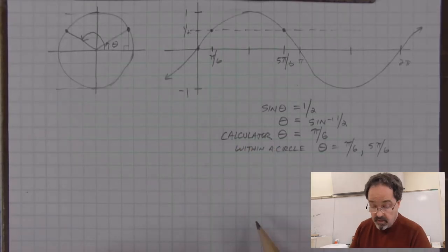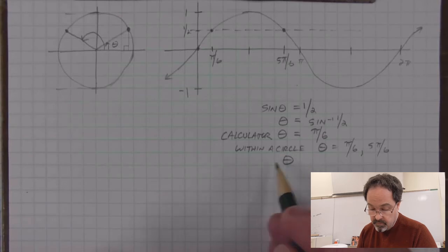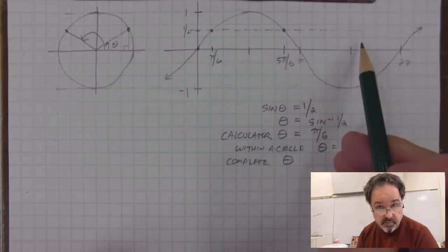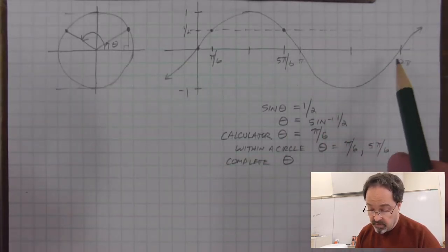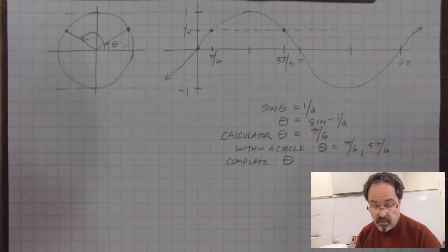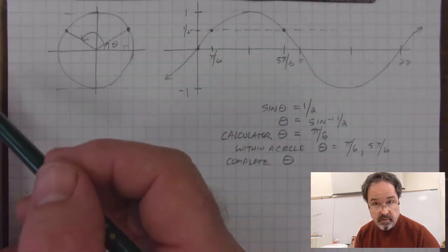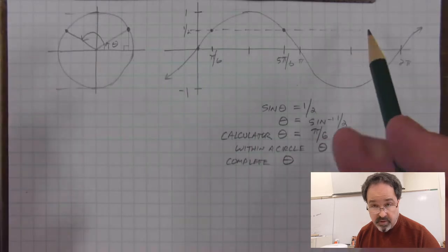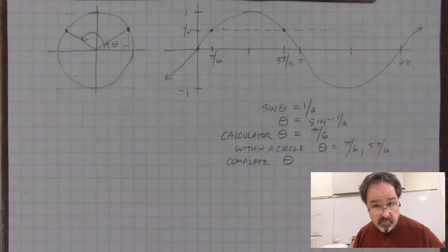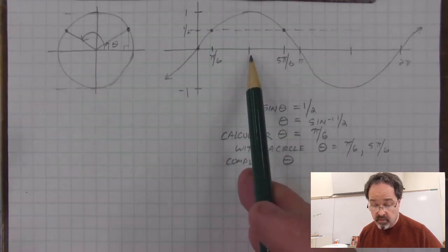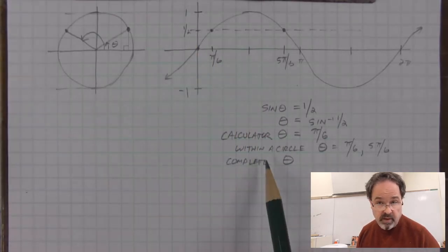But a complete answer takes into account that this graph continues in both directions, keeps going up and down to both positive infinity and negative infinity, and this line would intersect all of those waves to create an infinite number of angles whose sine is 1/2.